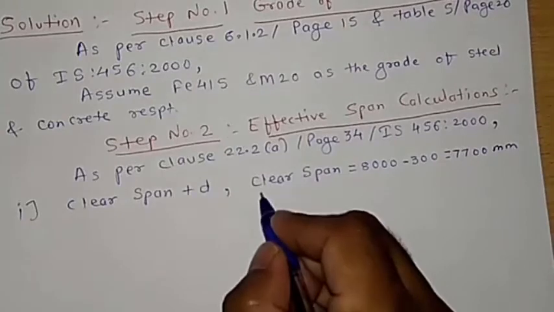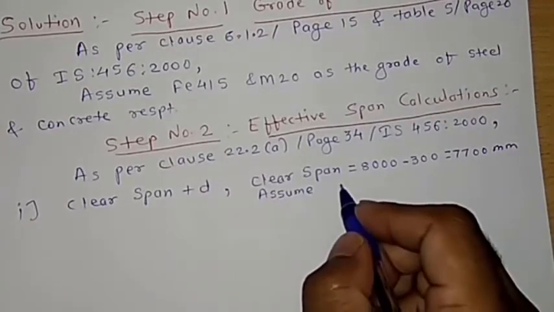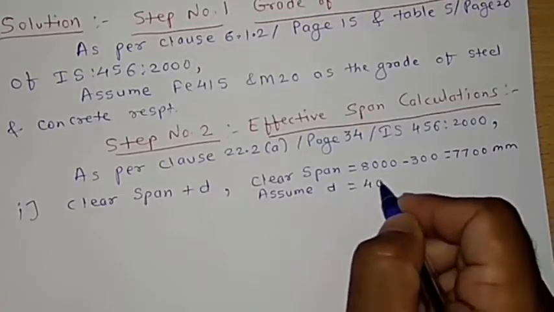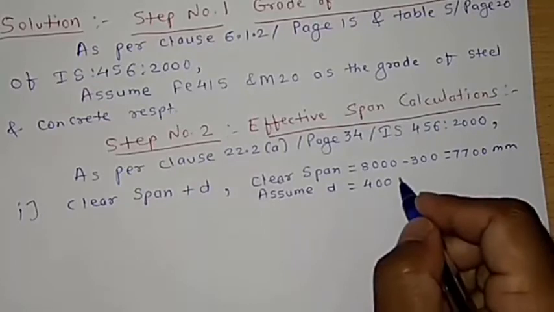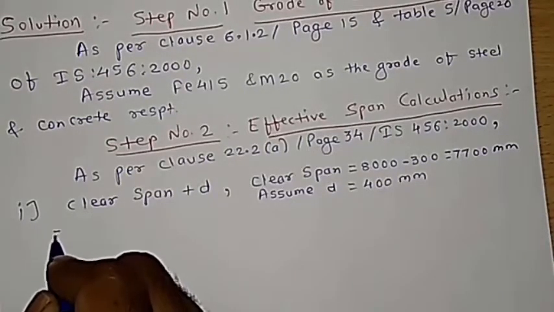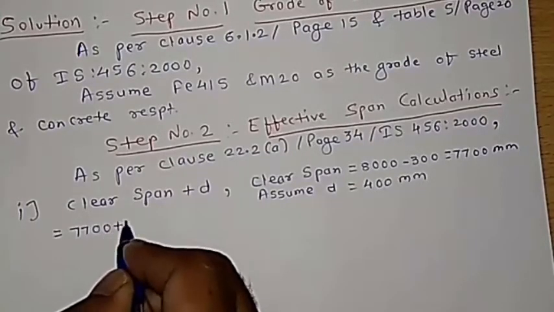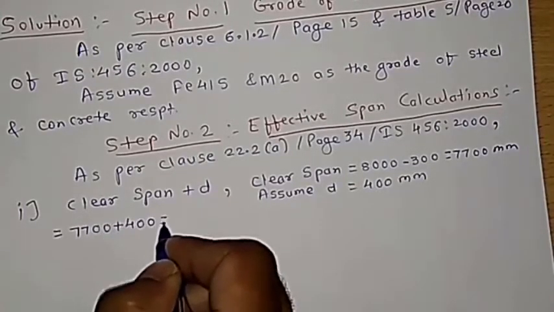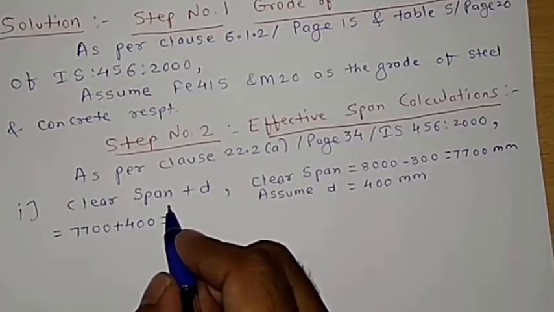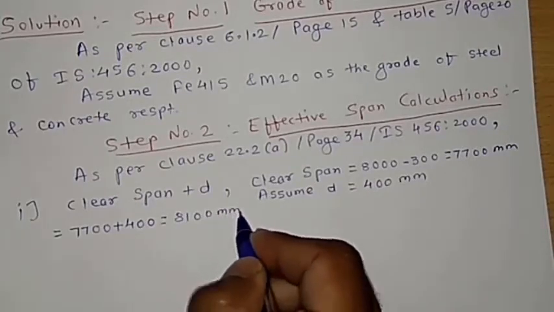And let us assume that effective depth is equal to 400 mm. In that case, clear span plus d, that is 7700 plus 400, is equal to 8100 mm.